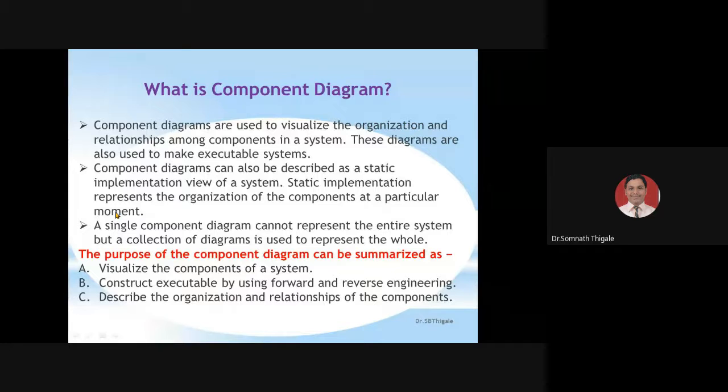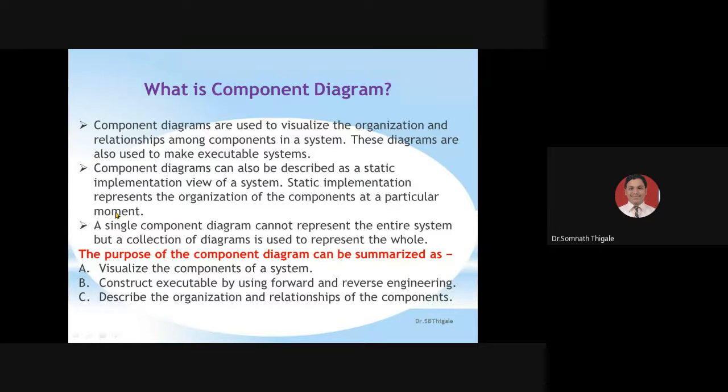And reverse engineering means you already have the code with you and you convert that code into the diagram. So if you make changes in the code, it allows you to make the subsequent changes in your diagram. That process we discuss as a part of reverse engineering.